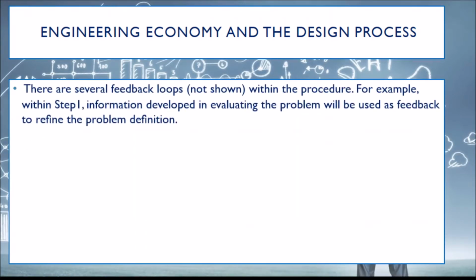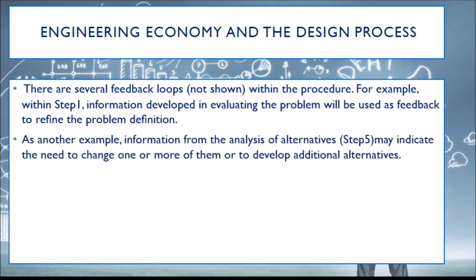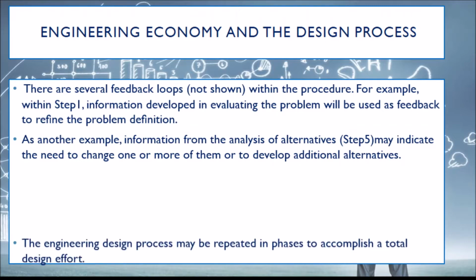There are several feedback loops within the procedure. For example, within Step 1, information developed in evaluating the problem will be used as feedback to refine the problem definition. As another example, information from the analysis of alternatives may indicate the need to change one or more of them or to develop additional alternatives.